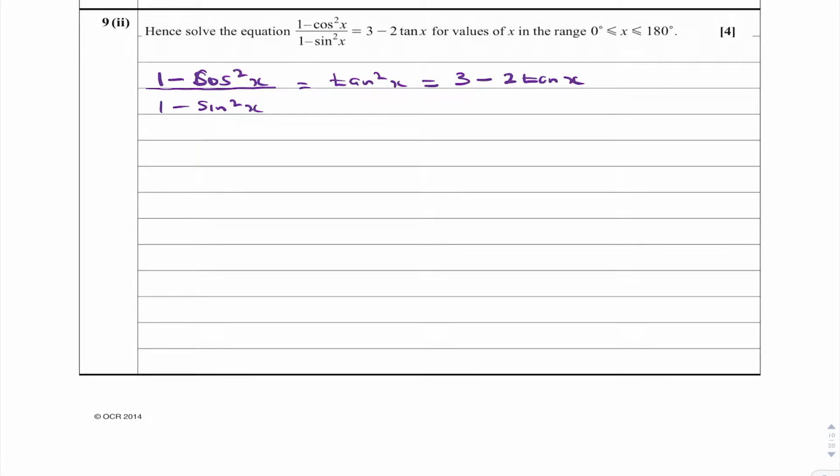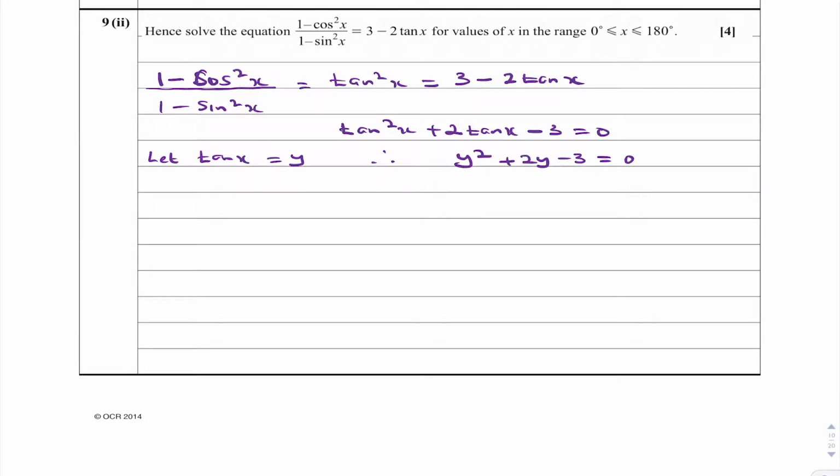So what we're now looking at is tan squared x plus 2 tan x minus 3 equal to 0. If I let tan x equals y, I have y squared plus 2y minus 3 equal to 0.